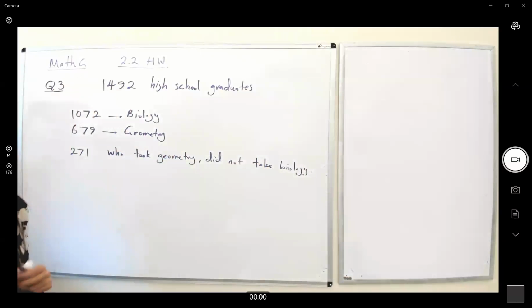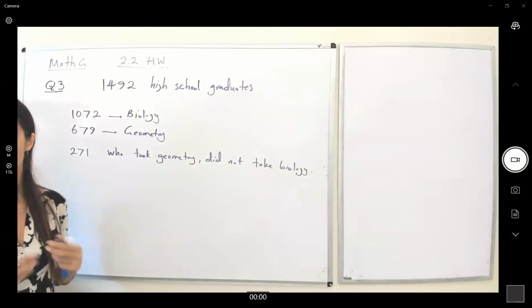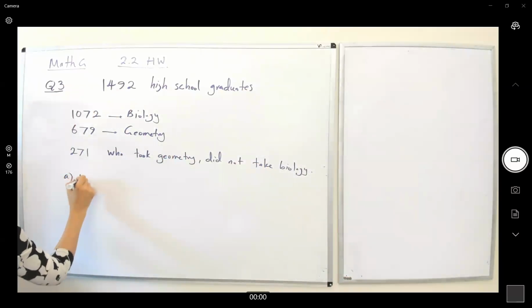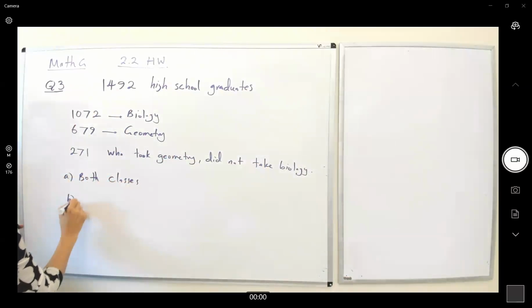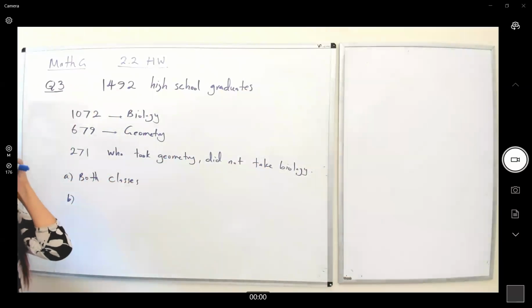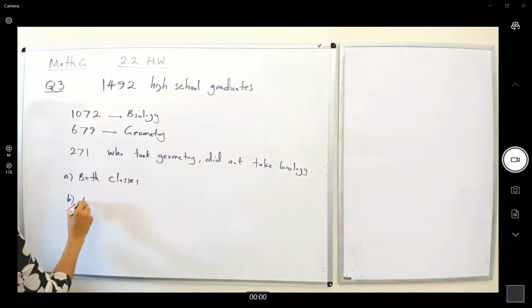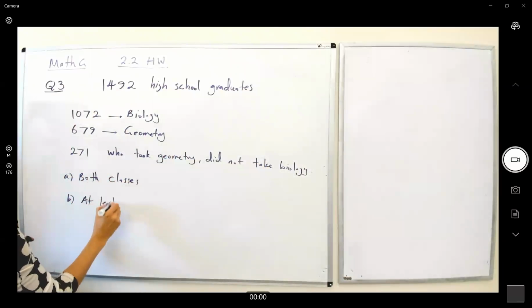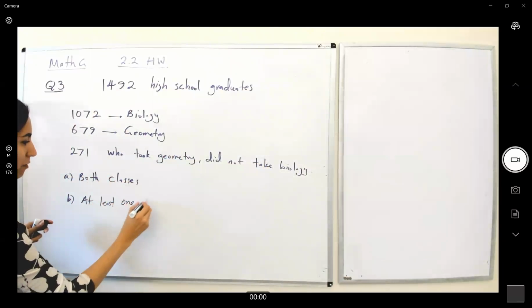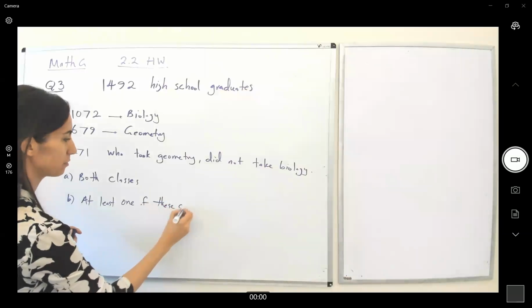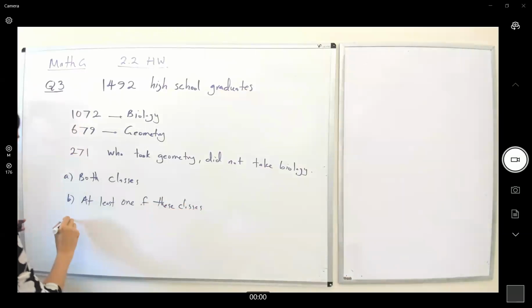Then answer the following questions. A, find the number of people who took both classes. B, find the number of people who took at least one of these classes, at least either the first or the second. C, find the number of people who took biology but not geometry.